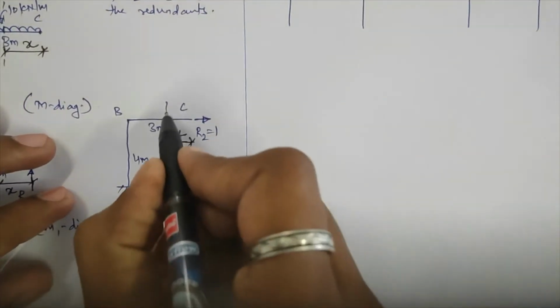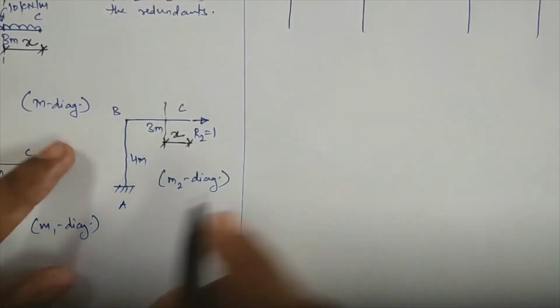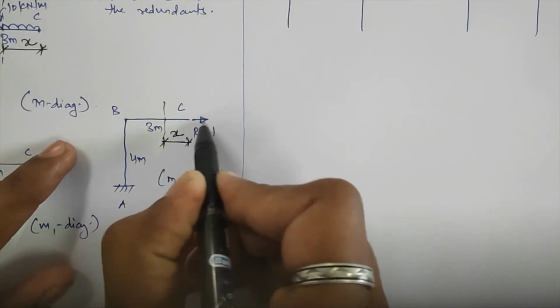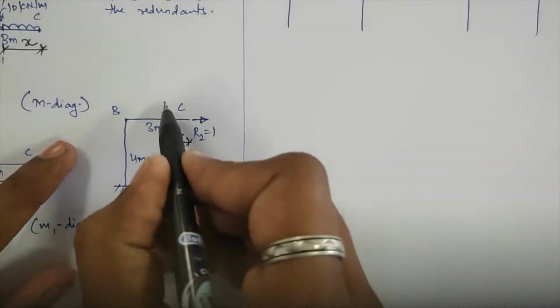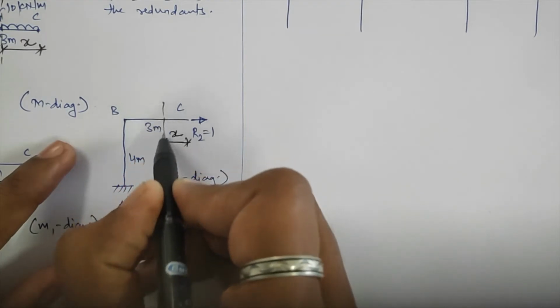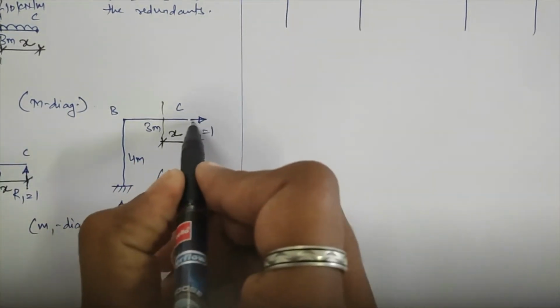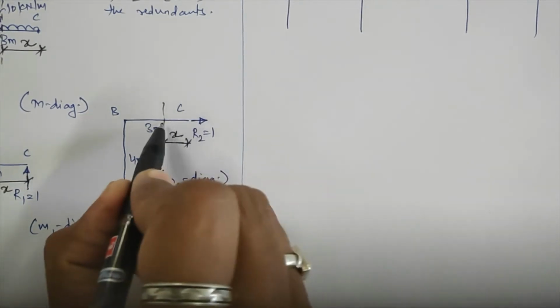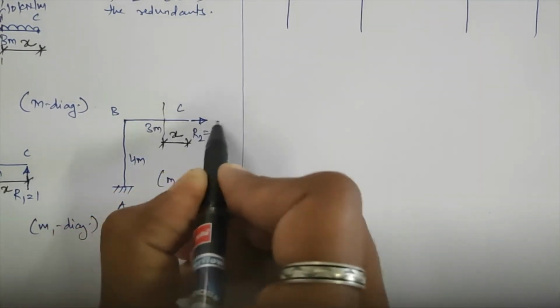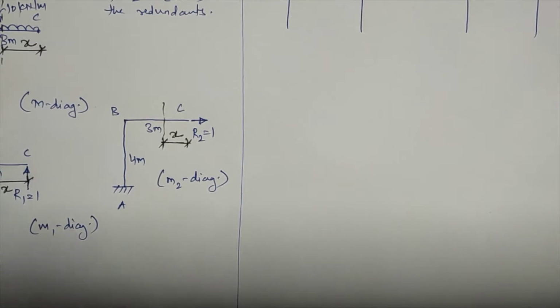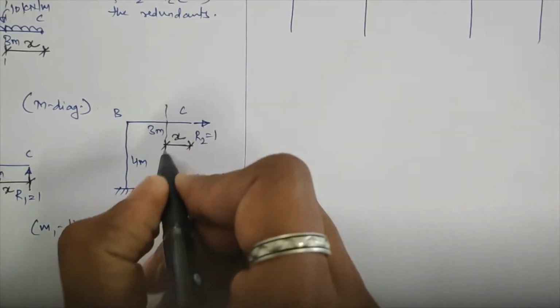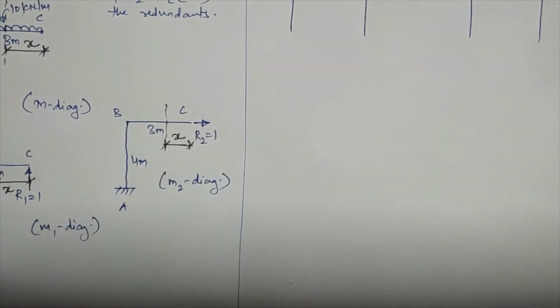Okay, now next the m2 diagram. In the m2 diagram you have this horizontal loading R2 equal to 1. So the moment of this horizontal loading about this section will be equal to 0. Why? Because for this member, this load is an axial load, and its perpendicular distance from this section will be equal to 0.